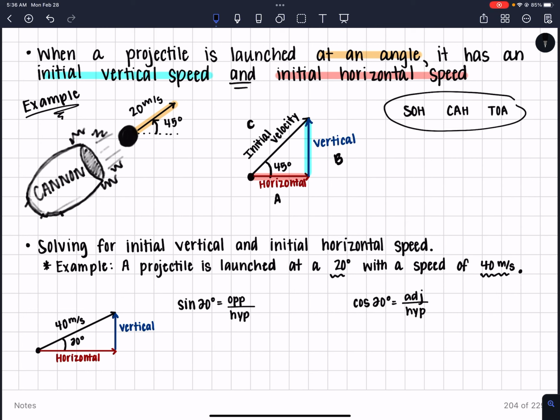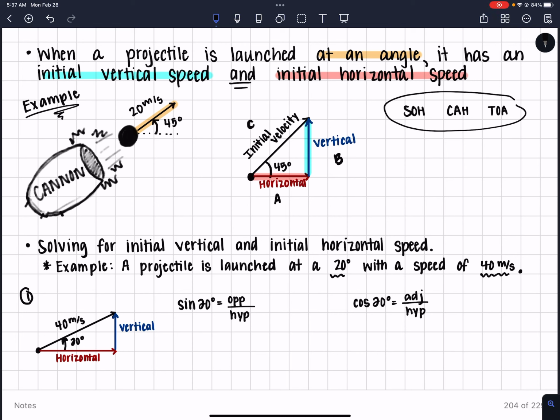The first thing that I would do to solve for my horizontal and vertical speeds is draw my launch. 20 degrees means that it is a 20-degree rotation above the horizontal axis. This initial launch speed of 40 meters per second is referring to the hypotenuse of this triangle that I've drawn here. And my horizontal and vertical speeds are the two different sides of my triangle.